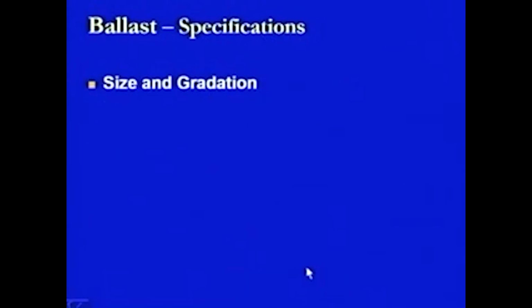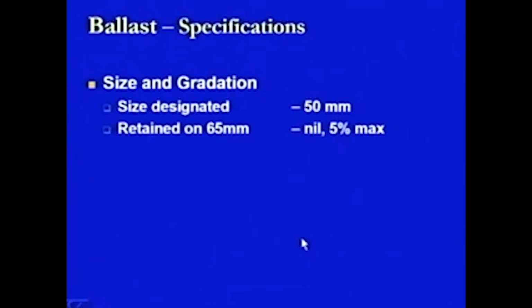Then the next aspect related to ballast is size and gradation. The size is designated as 50 mm size for the ballast, and there are three sieves which are used to examine this: 65 mm sieve, 40 mm sieve and 20 mm sieve. In the case of the 65 mm sieve, the retention on 65 mm desired is nil, and at the maximum it is 5%.